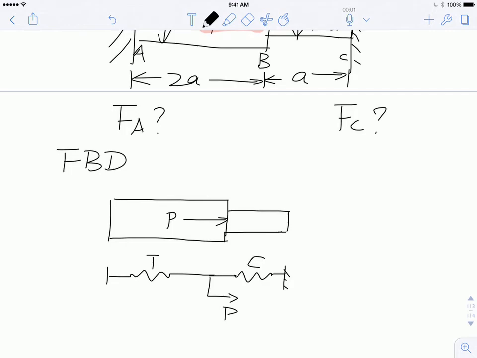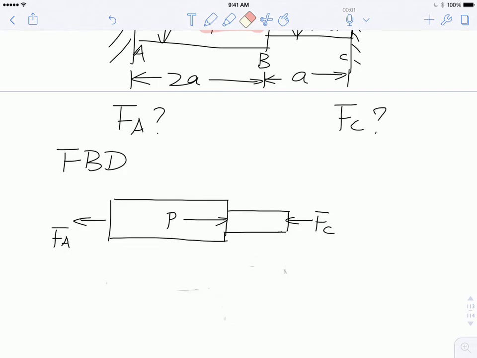So the forces FA and FC both go to the left. Section AB is under compression, section BC is under tension.